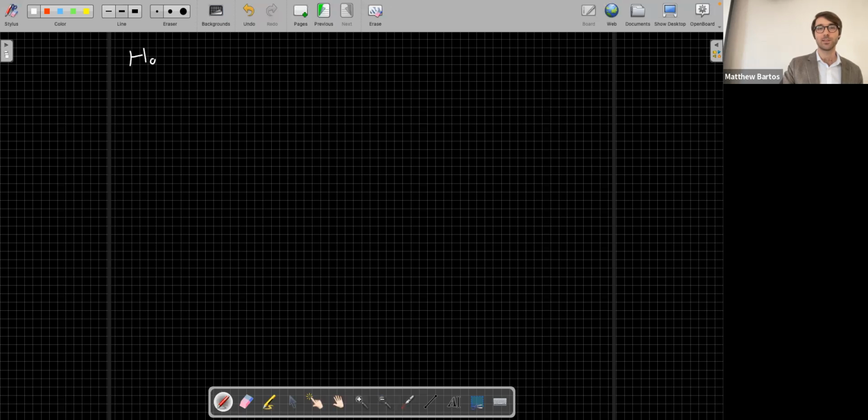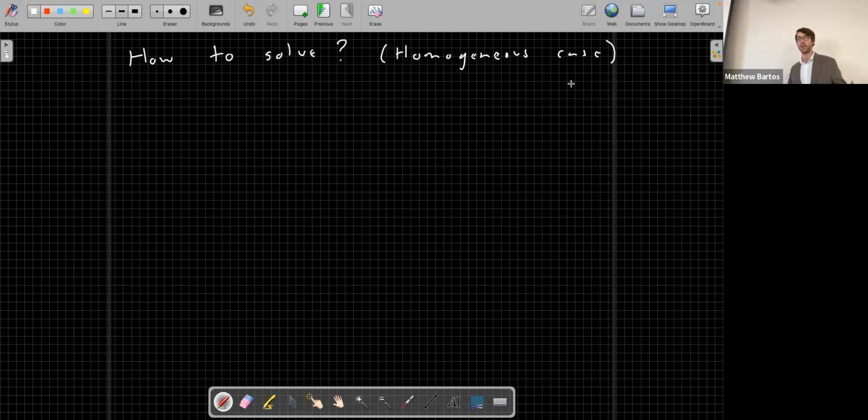Okay, so let's look at how we solve LTI systems like this. First, let's take a look at just the homogeneous case, because this is simpler to think about first, and it'll provide some necessary context for when we look at the particular solution.